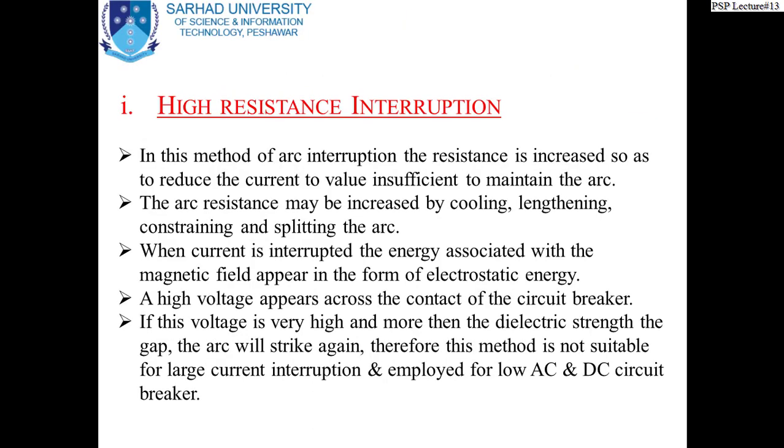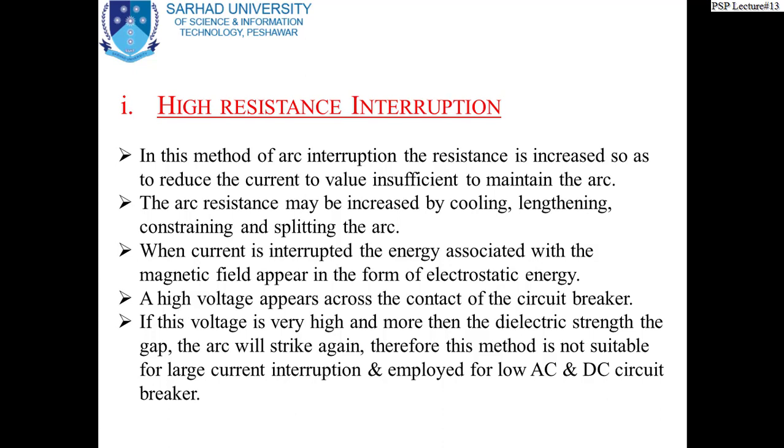Now, gentlemen, whenever the two contacts of a circuit breaker are parted from each other due to the fault condition, one is the moving contact and the other is the fixed contact. Whenever a fault occurs, the moving contact moves away from the fixed contact, and in the space between the moving and the fixed contact, of course, an arc is produced.